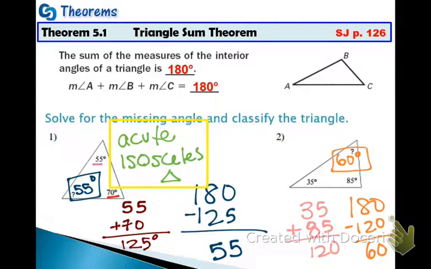And then we are going to classify. What is the largest angle here? 85, which is acute. Are any of these angles the same? No. So if there are 3 completely different angles, how many sides are going to be congruent? None of them. So that would make it scalene.